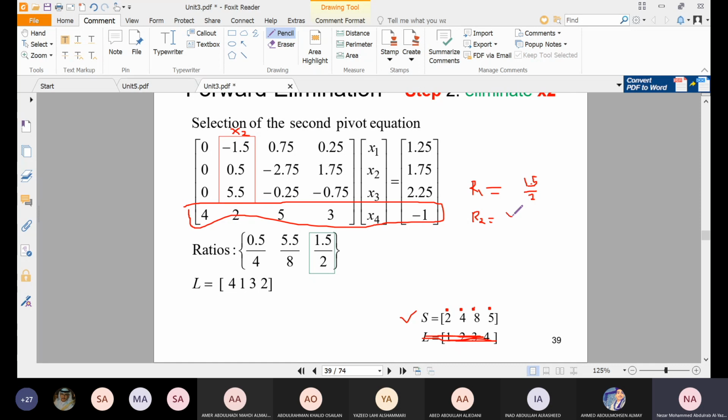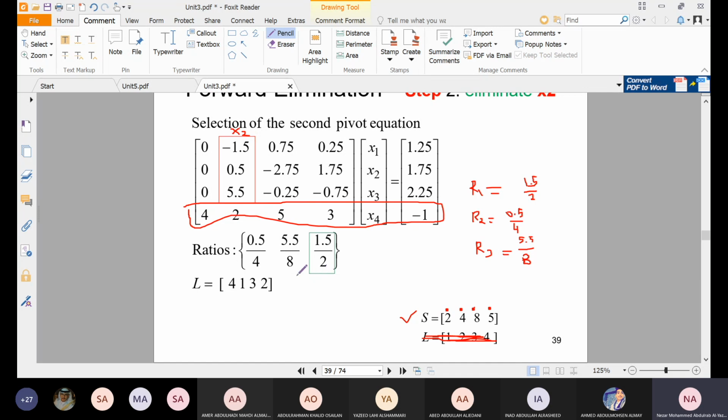Okay, so 0.5 here, and this should be over the scale factor, which is 4. And here, for example, row number 3, I have 5.5 over 8. Okay, so here, because the maximum in the original row for row number 3 is 8, the scale factor goes with us. So this is what we have here.